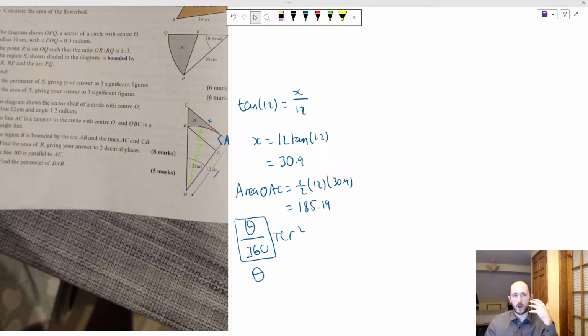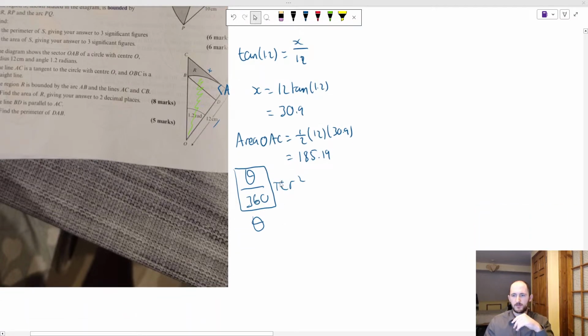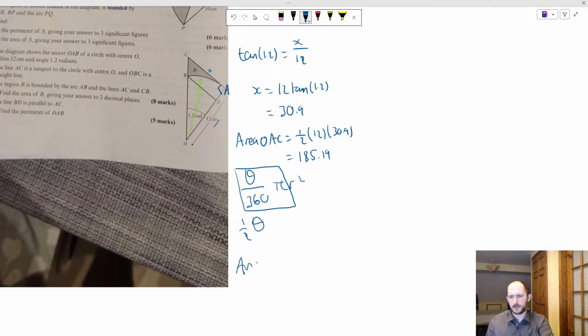So it becomes quite short, which is nice. So instead, we just have a half r squared theta. All of this becomes a half theta, basically.